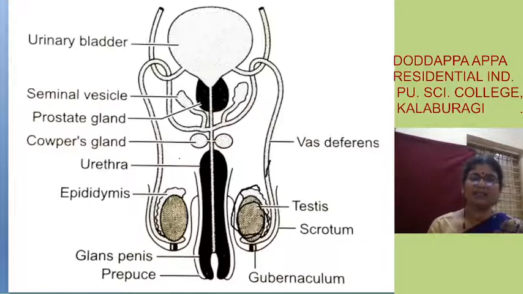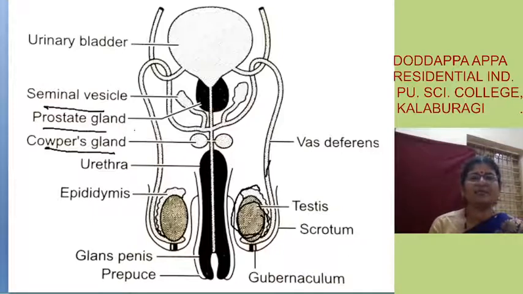That is why in the male it is called the urinogenital duct. And you will see 3 accessory glands: the seminal vesicle, prostate gland and Cowper's gland. This Cowper's gland is also called the bulbourethral gland.